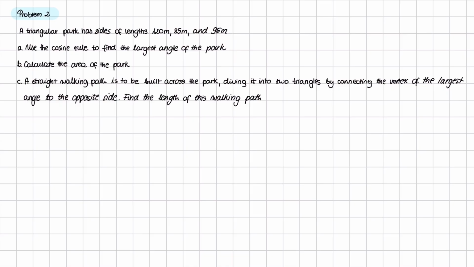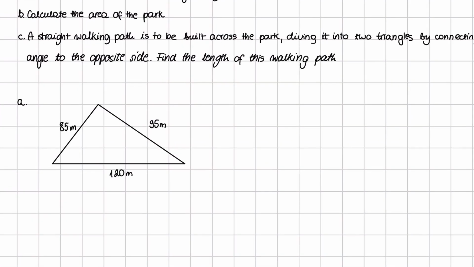A. Use the cosine rule to find the largest angle of the park. So firstly, let's draw our triangle to see which angle will be the largest. So this is our triangle, and we can observe that the largest angle is opposite to our longest side.